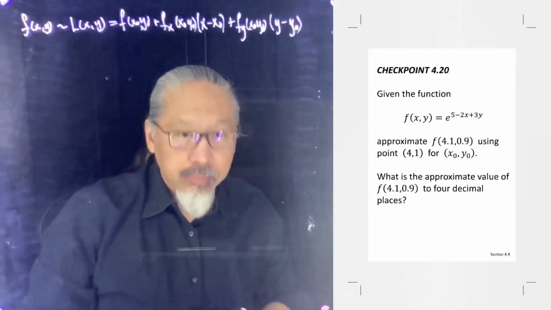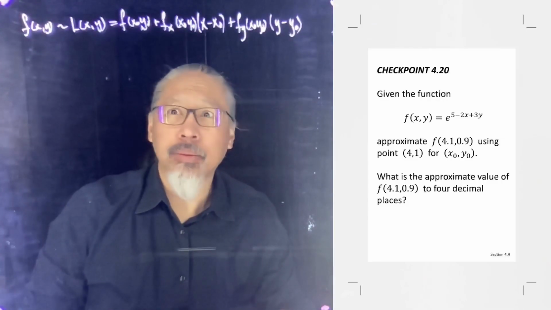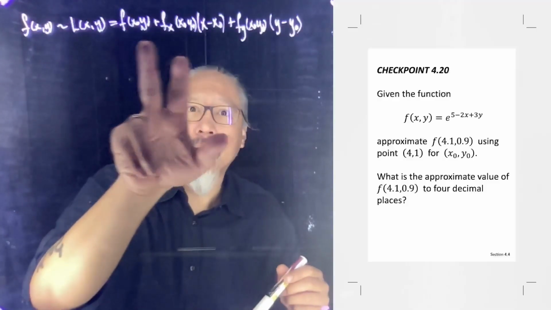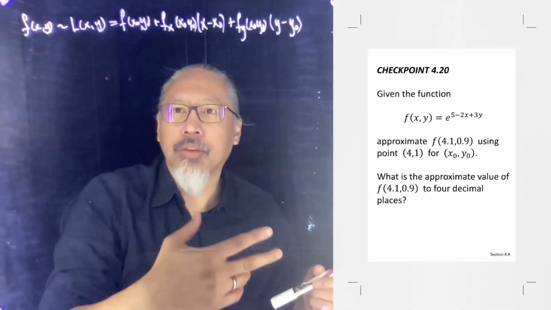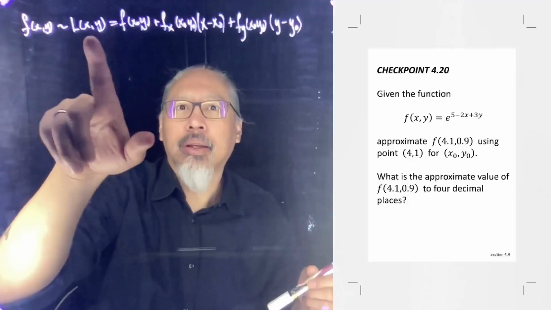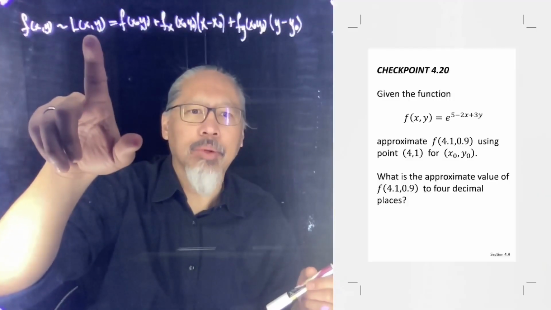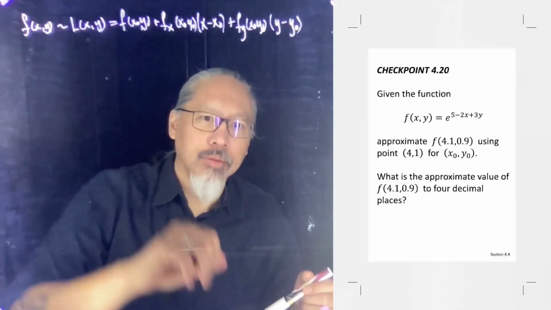Okay, it looks like we're going to want to find the same things that we did as if we were looking for a tangent plane, and then we'll eventually put in the value that we're looking for, which is 4.1 and 0.9.